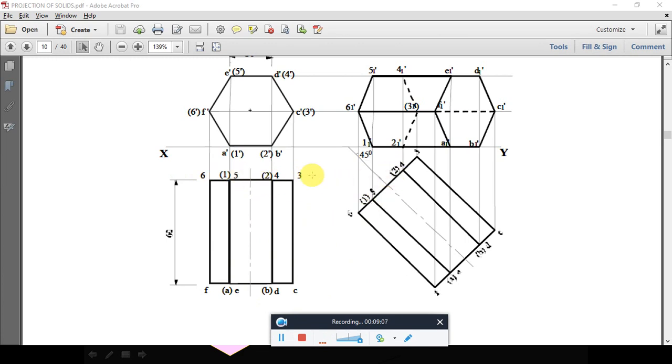Okay, for the next stage, after drawing this, project all the points. For 6 just draw a perpendicular line towards XY. For 1 and 5 also draw perpendicular lines, which means all the points have to be projected to the top, considering xy for the perpendicular line.